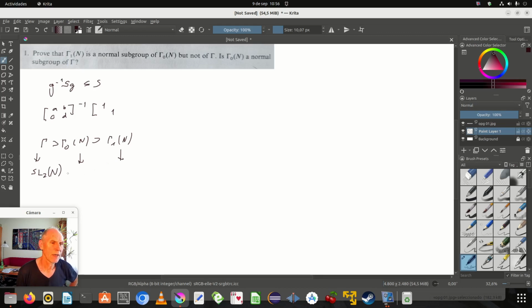If that's normal, then it's just the projection modulo n. So that'll work, doing that.